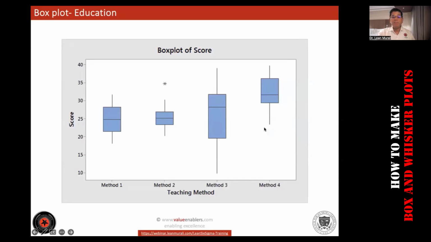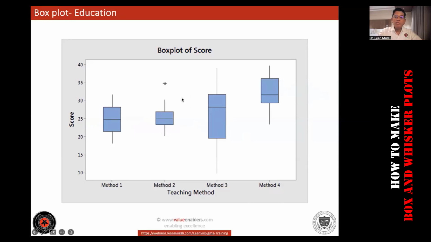Which is a very reliable, stable method with less distribution? Method 2 has less variation, so that's a stable method.